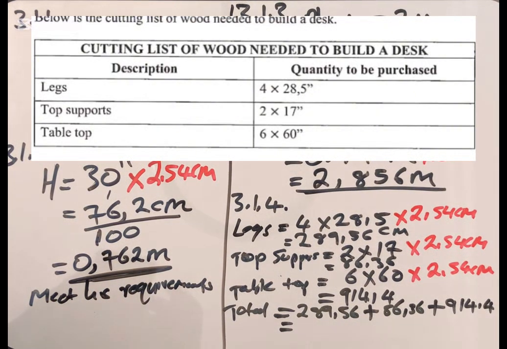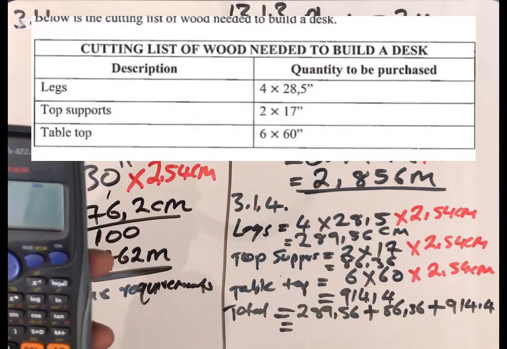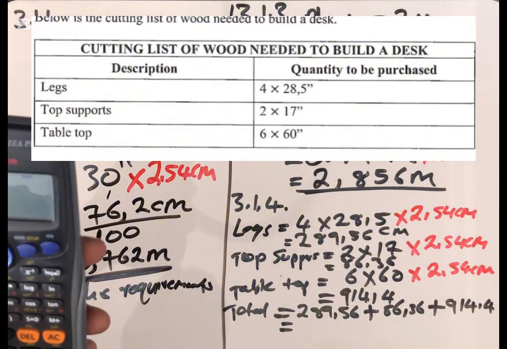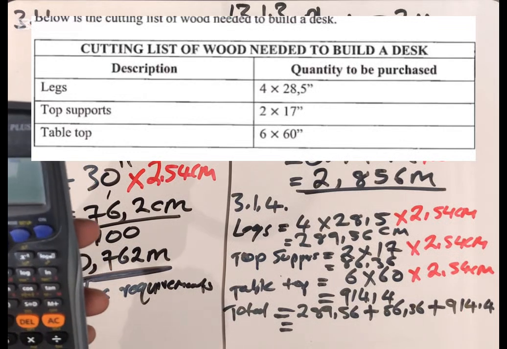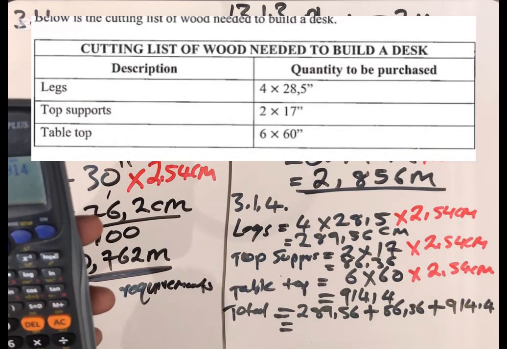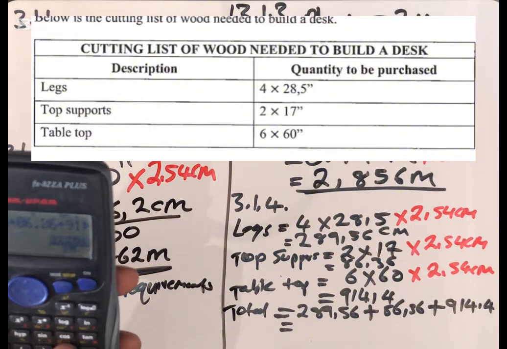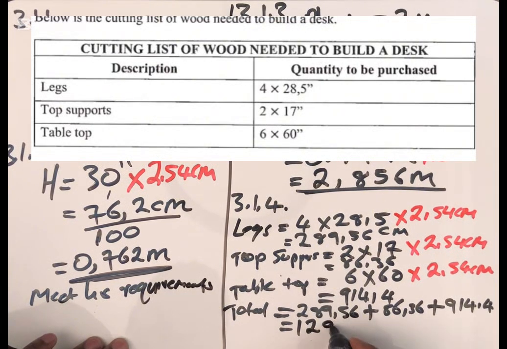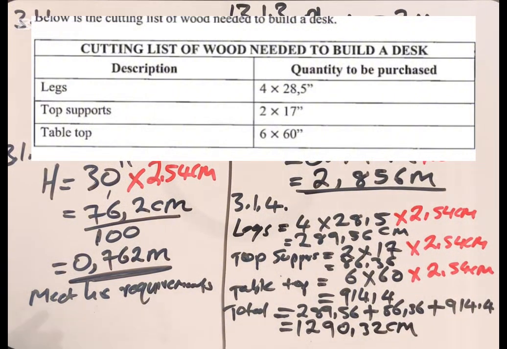Let's add everything together: 289.56 plus 86.36 plus 914.4. We found that the total is 1,290.32 centimeters. The question talks about meters, and what we calculated here is in centimeters.